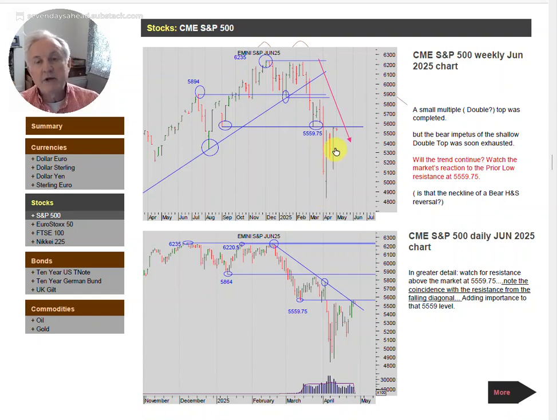The rally though is running into resistance, 55.59 in the medium term. That needs to be broken if the bulls are to retain their momentum. And you'll see that gathers significance both diagonally and horizontally insofar as they coincide here. So 55.59 is important for the bulls to overcome to sustain the upward momentum.